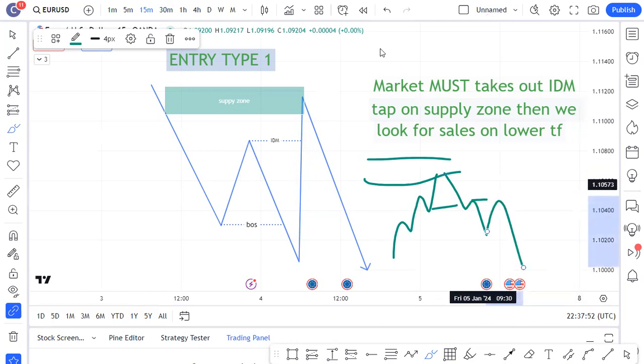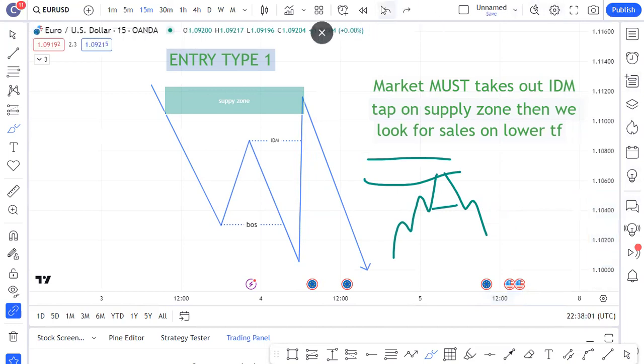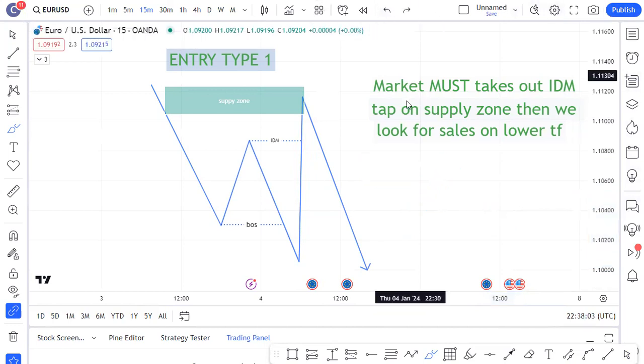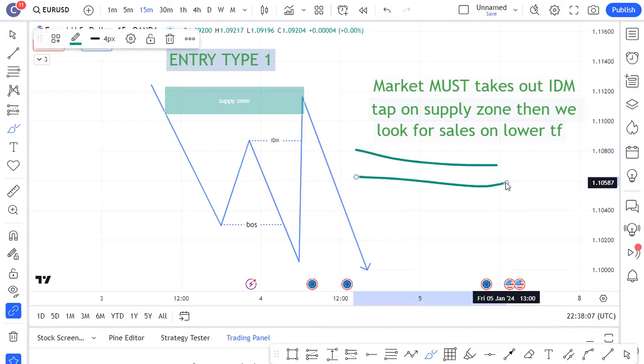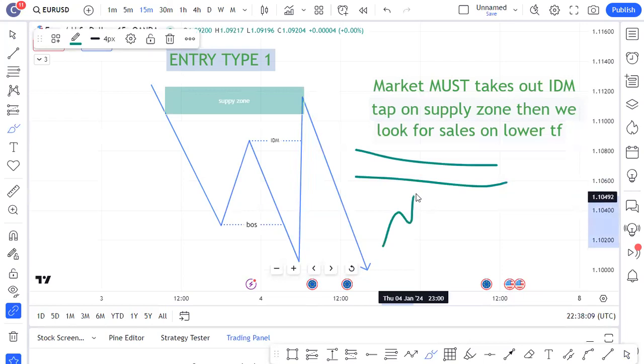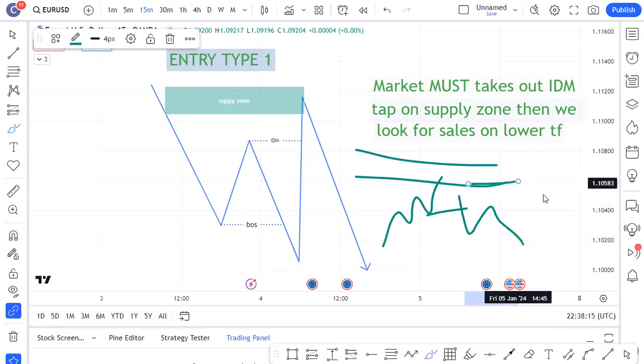So basically it will look something like this. From the supply zone, the market comes like this, taps in your zone, takes out the first high, drops, and gives you an inducement, something like this.